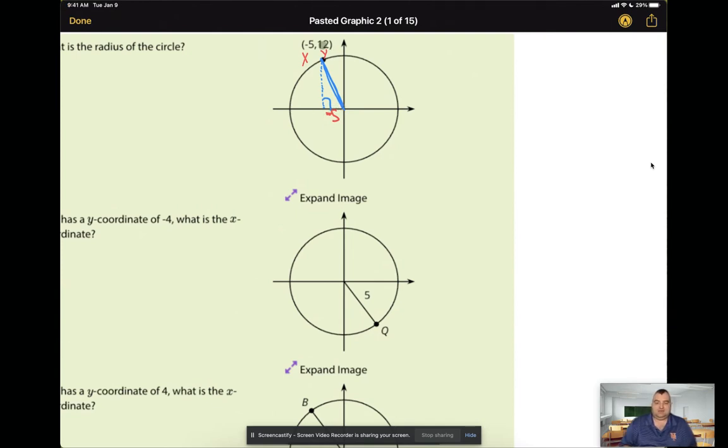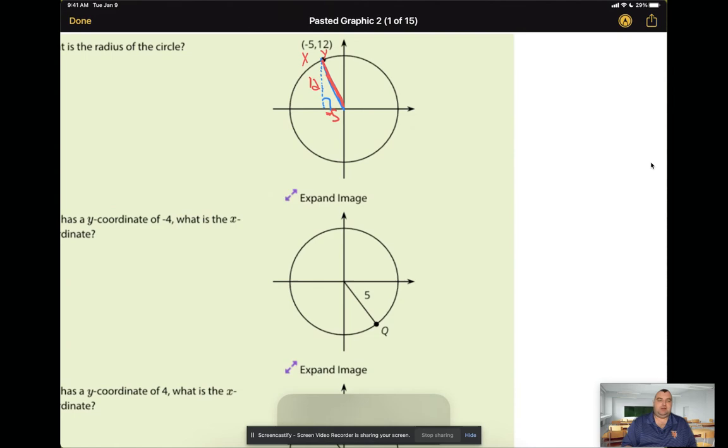And +12, the y value, is your vertical distance. So that's going to be this side of the triangle. If I can figure out this side, the hypotenuse right here, this will tell me what the radius is because this hypotenuse is also the radius.